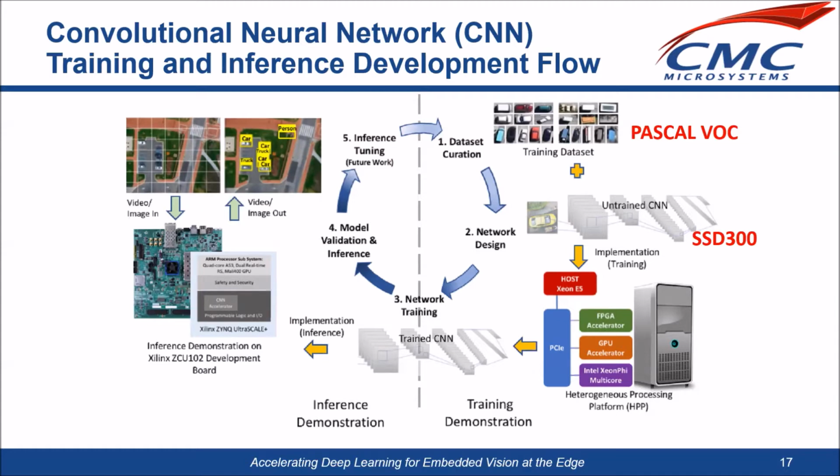Once the training is complete, the result is a floating point model. To run on the embedded FPGA target platform, the floating point model needs to be converted to a fixed point model. In our case, we're using 8-bit integers. Once this is completed, the fixed point model can be implemented on the FPGA fabric and then process new images or video frames. This operating mode is called inference.